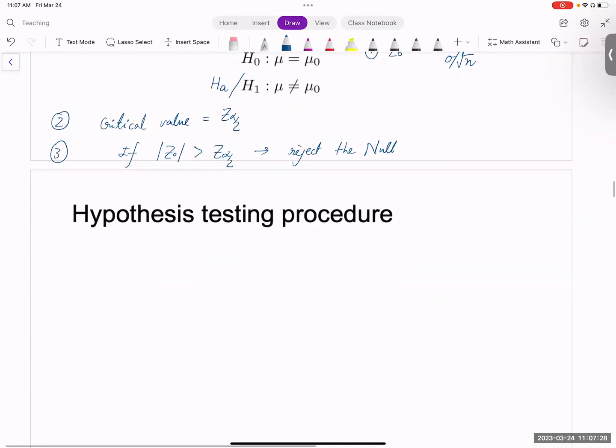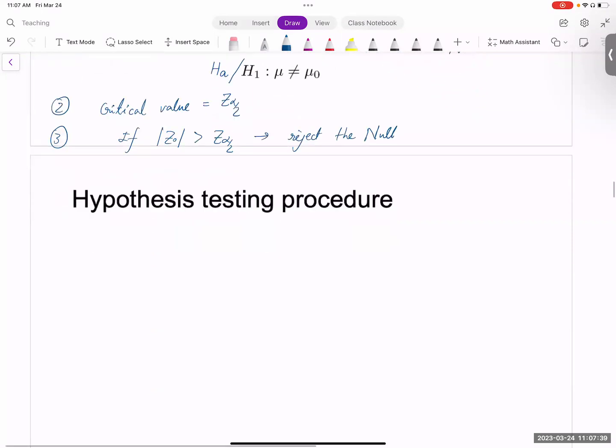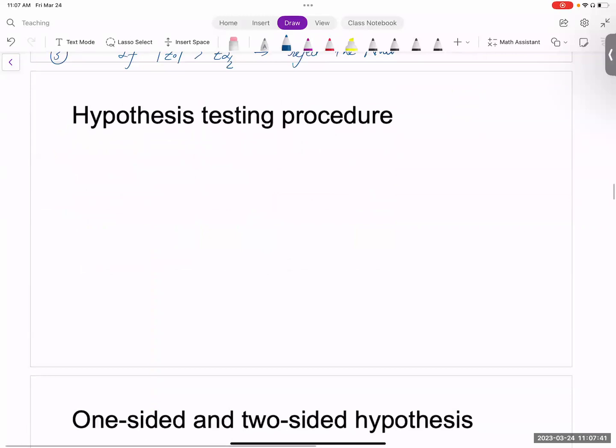Now, in many cases, you're welcome to use this method, but another method that we use many times is based on p-values. Now, let's define p-value. P-value is essentially the probability of observing a test statistic.